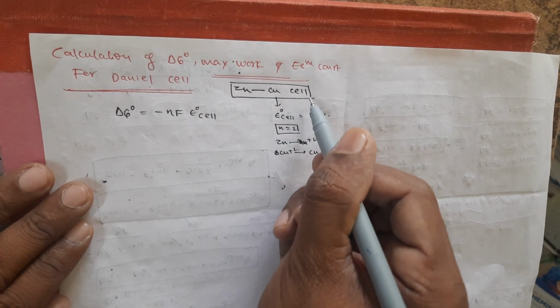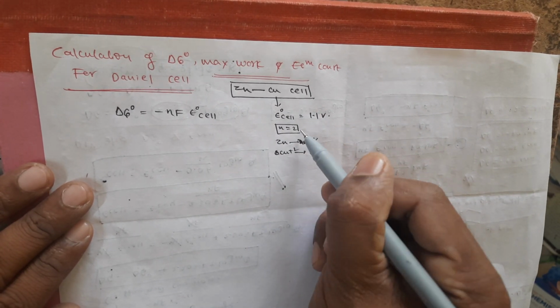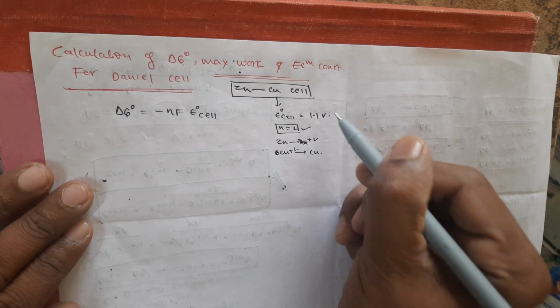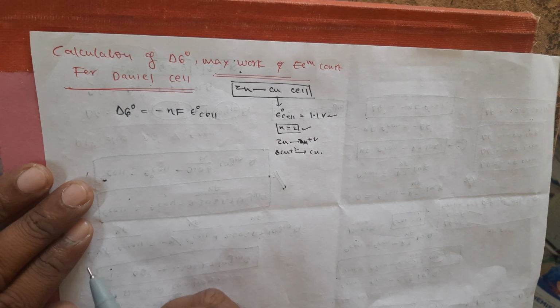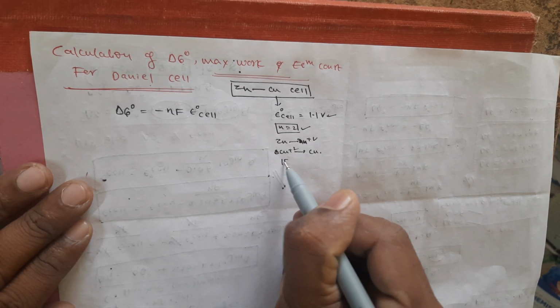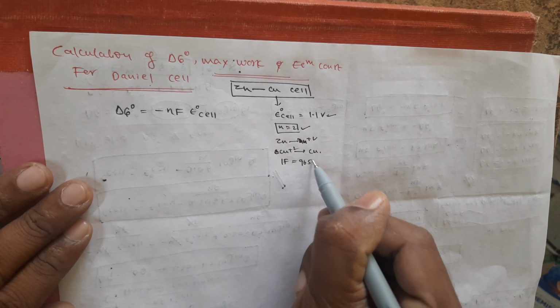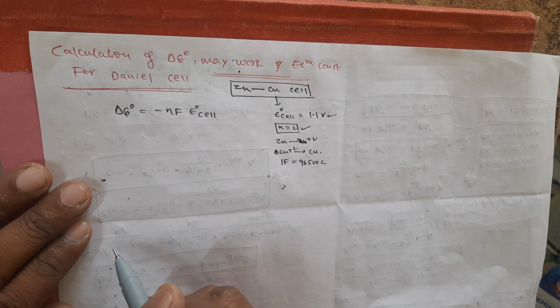So these values we have to substitute here. And 1 Faraday of electricity is equal to 96,500 coulombs.